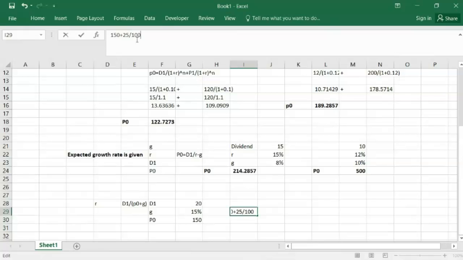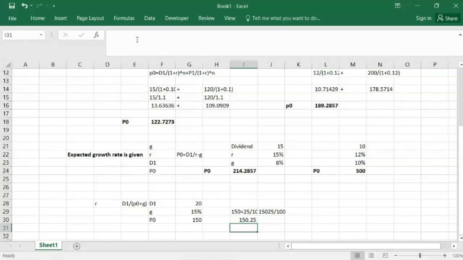Or else you can bring the numerator to a common denominator by multiplying by 100; the same result you will get. 150 multiplied by 100 gives 15,000, plus 25 is 15,025, divided by 100. Again, you get 150.25.